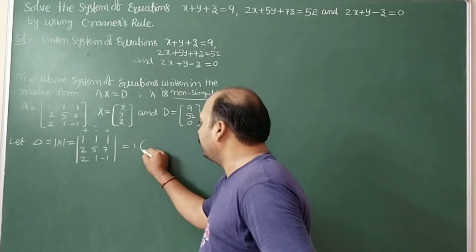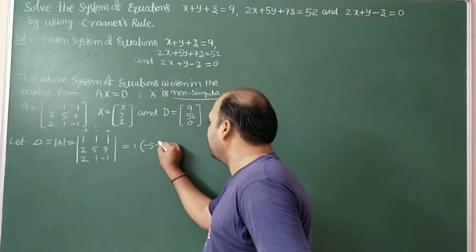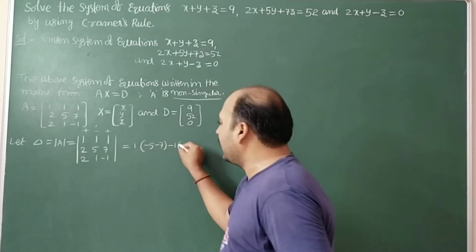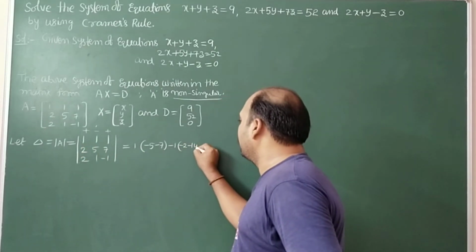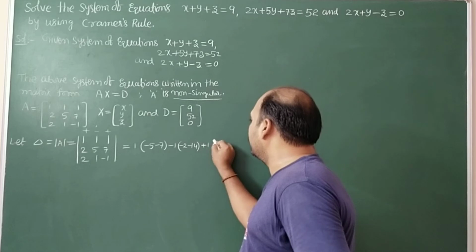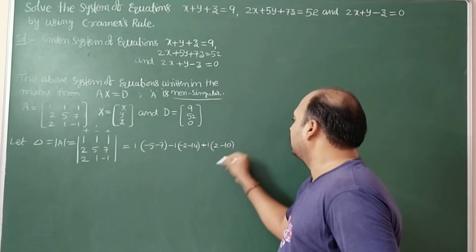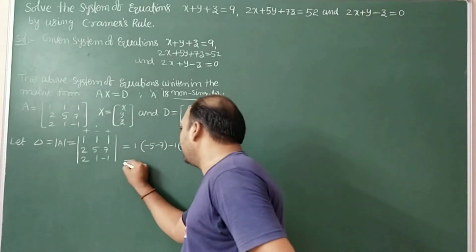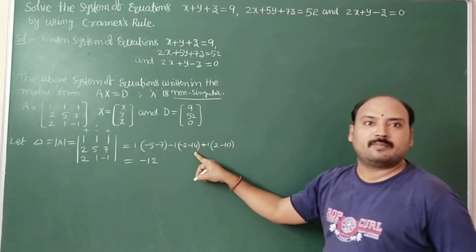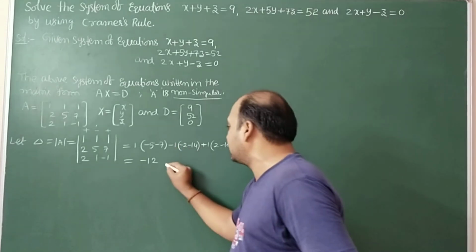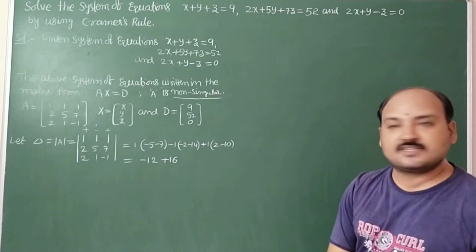So 1 into 5 minus 5 minus 7, minus 1 into minus 2 minus 14, plus 1 into 2 minus 10, which is equal to minus 12 minus 2 minus 14, minus 16 into minus plus, 2 minus 10 is minus 8.